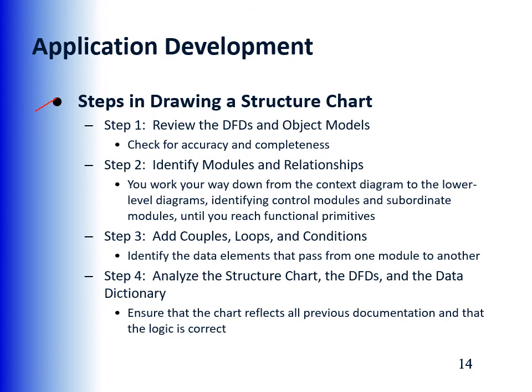You must identify the program modules and determine control subordinate relationships. Add symbols for couples and loops, and analyze the structure chart to ensure that it is consistent with your system documentation. So typically, a structure chart will follow 4 steps.